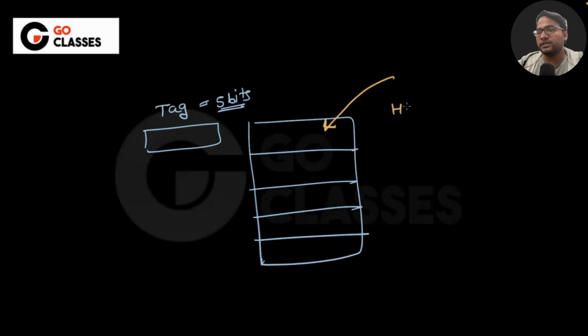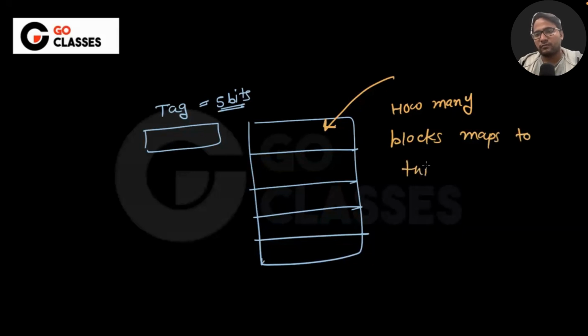How many blocks will be mapping to this line? Can anyone tell me? 32, right? Why? Because if this is 5 bits, each value will uniquely tag it.